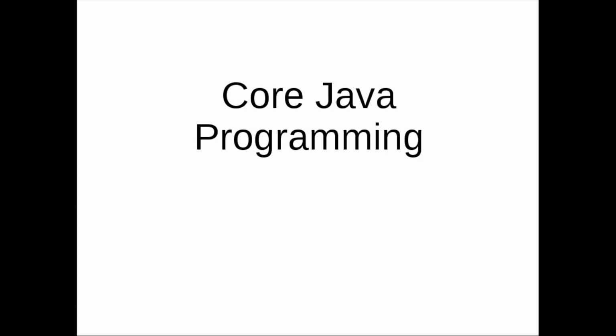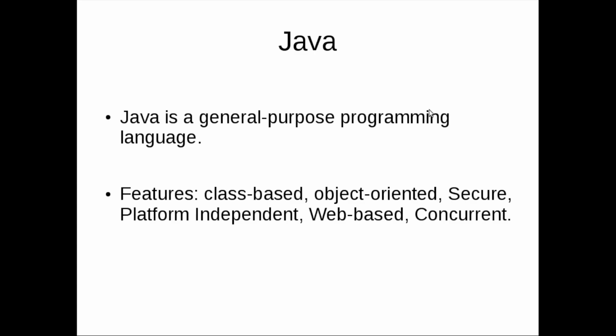Let me tell you about the programming language called Java. Let's begin. Java is a general purpose programming language. It is widely used in many domains. It has different features: it is an object-oriented programming language, or rather it is said to be pure object-oriented.